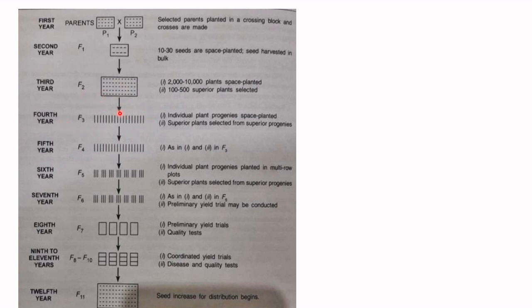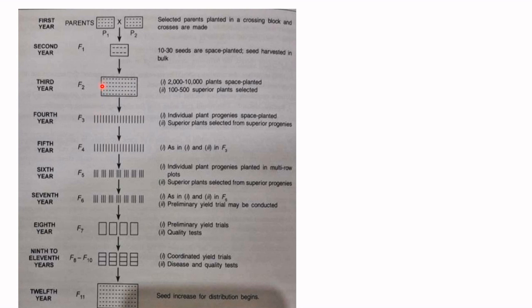And what is progeny selection? We have already learned in the previous class, which was discovered by Johansson. So each and every superior line is selected from these F2 generations, and it is grown as individual plant progeny in F3.